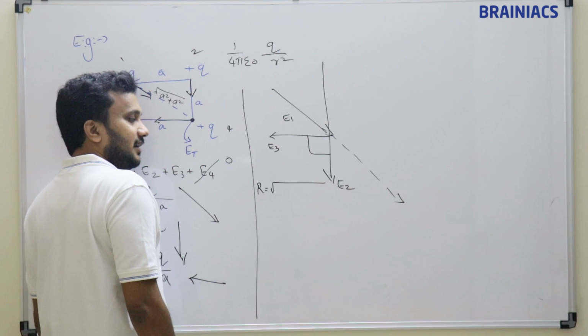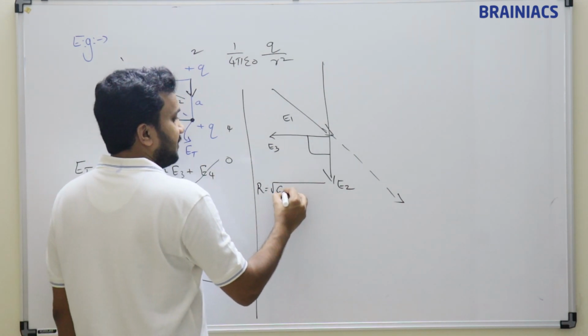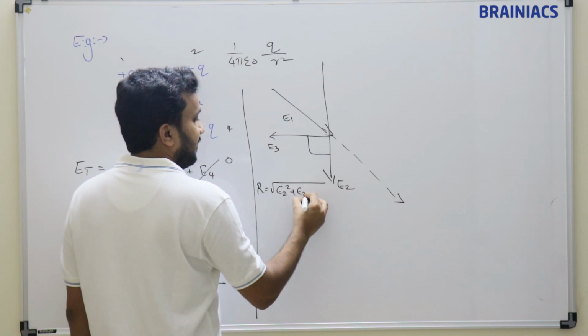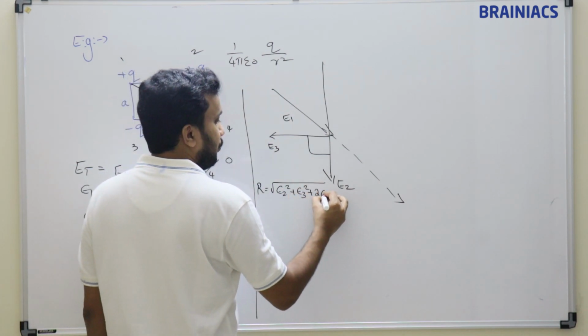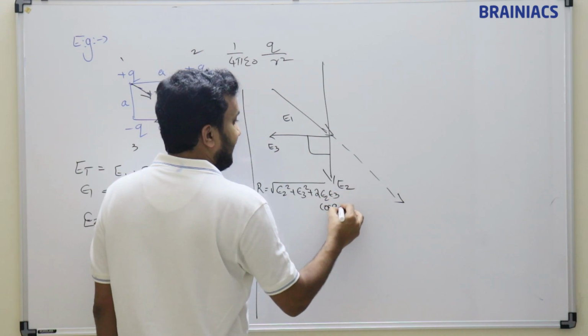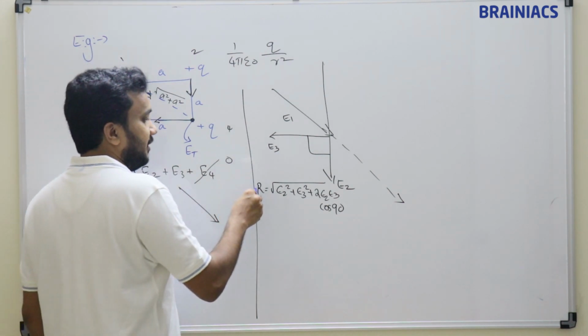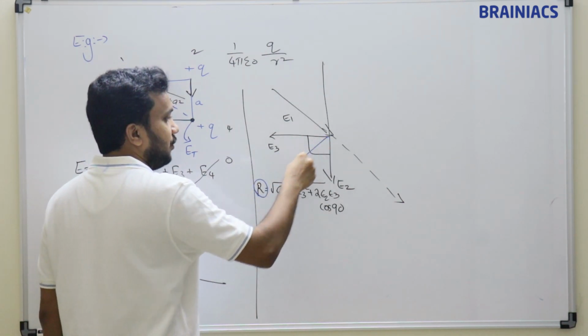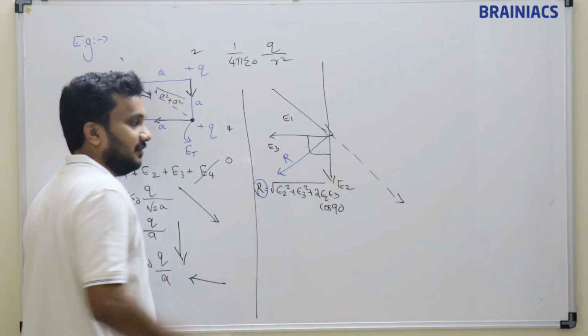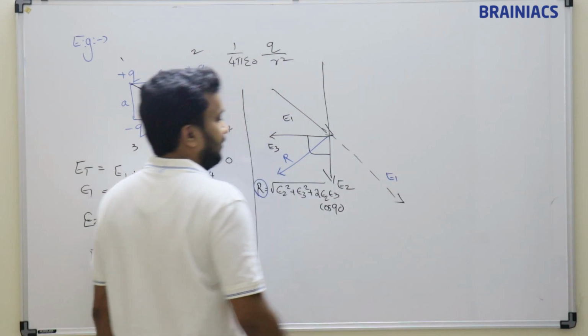Which formula? Again, A square plus B square plus 2AB cos theta. So that is E2 square plus E3 square plus 2 into E2 E3 into cos 90. This is the resultant formed between E2 and E3. So the E2 E3 resultant will come like this, and we have extended the E1 like this.